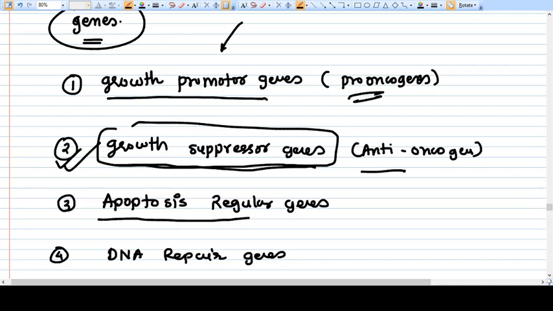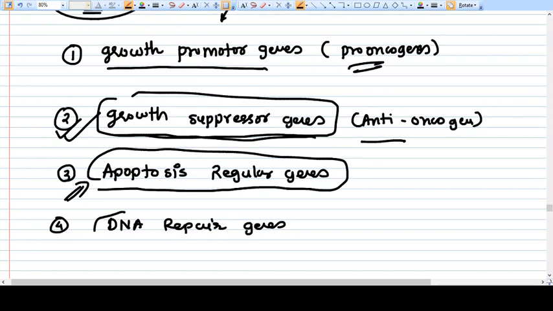There are apoptosis regulatory genes which also control and program cell death, but due to some reason this apoptosis gene also gets mutated, and now we don't have apoptosis, the cell cannot die and will keep dividing.